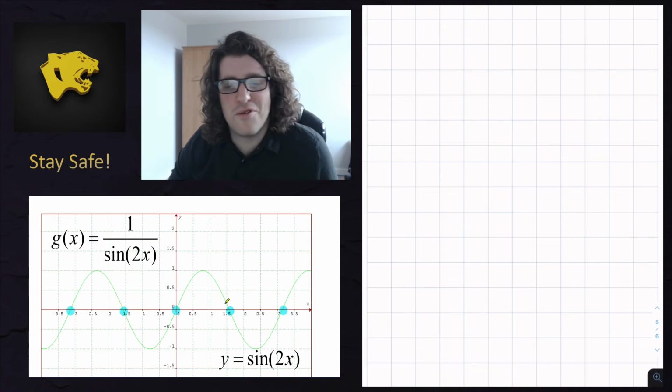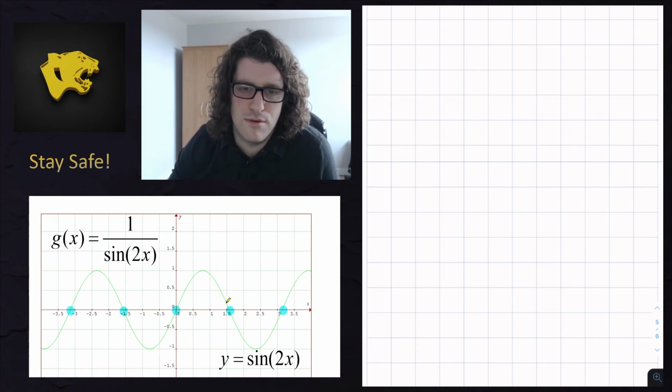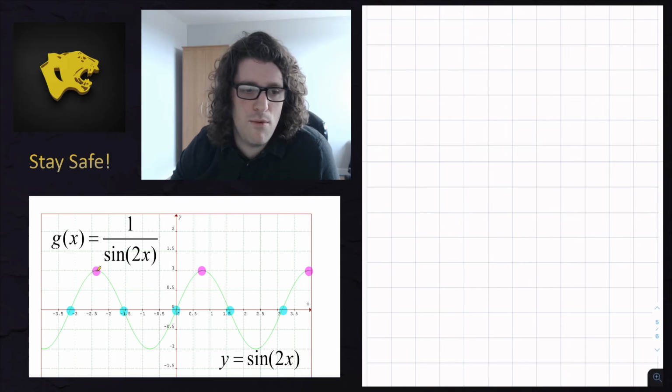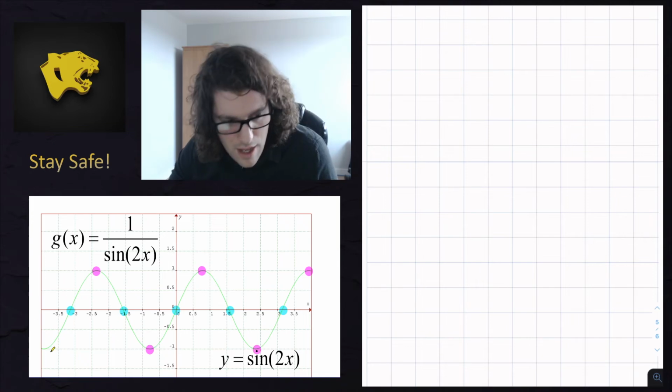Those are all going to be awkward when we do the reciprocal. To go along with that, we also have some fun invariant points. We have an invariant at 1, at 1, at 1, and an invariant at -1, and at -1, and another one over here.